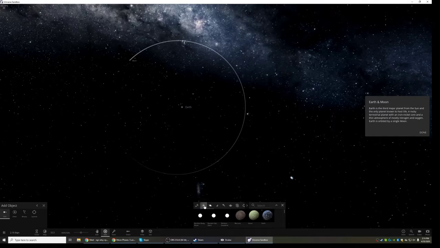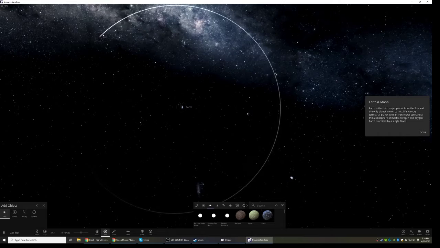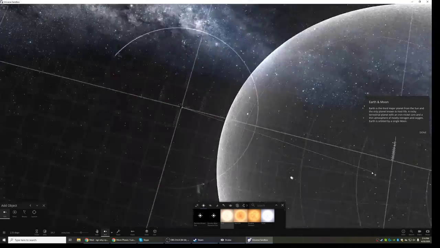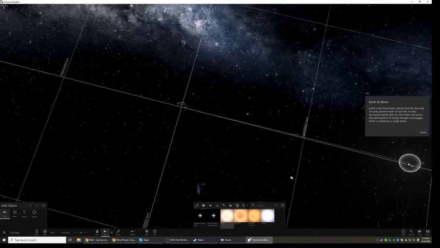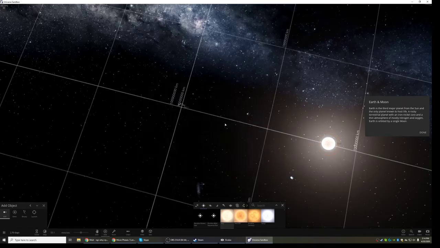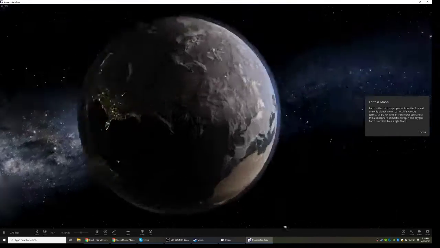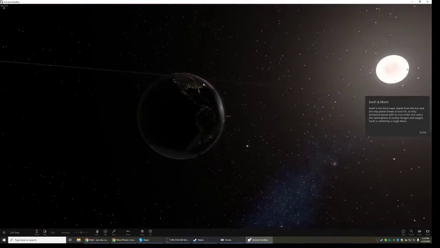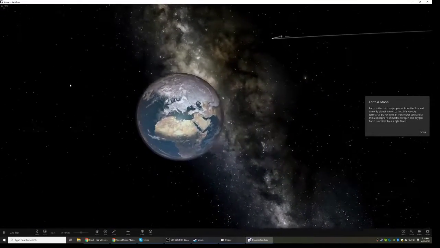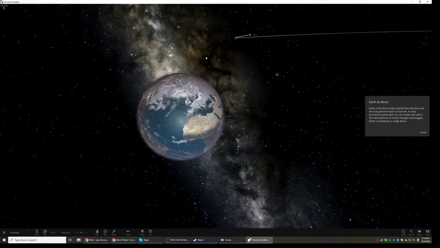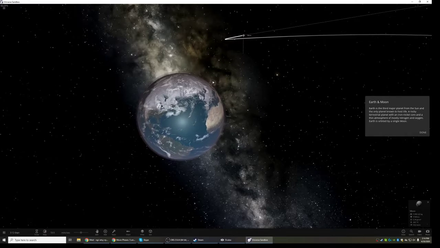So what I'm going to do here is I have the Earth in the middle and then the moon orbiting around the Earth, and then I'm going to plop down a sun over here. It's a lot closer to the Earth than it would be in real life, but the simulation does a good job of at least showing shadows being cast.